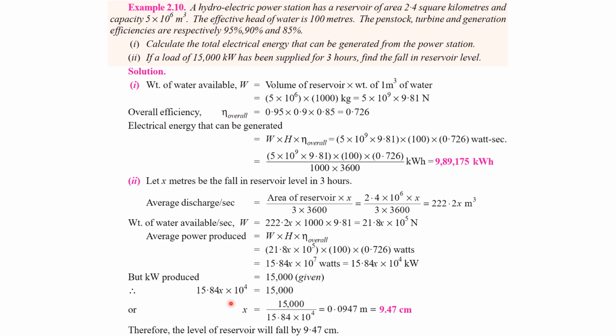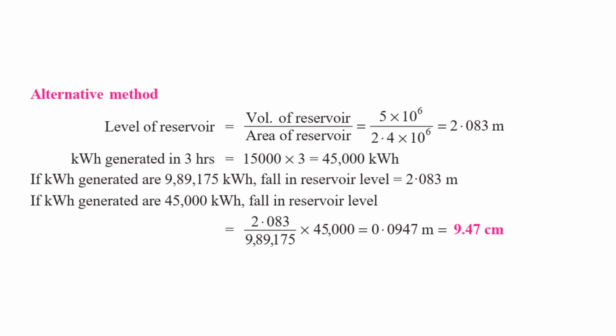You can easily equate these two and get x, which comes out to be 0.0947 meters or 9.47 centimeters. So the level of reservoir will fall by 9.47 centimeters in 3 hours if this much load is connected for 3 hours. Now let us look at the alternative method, which is much simpler as well.